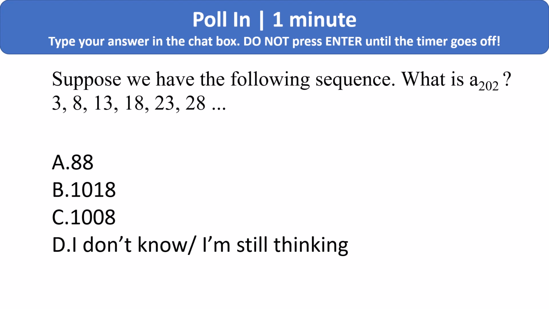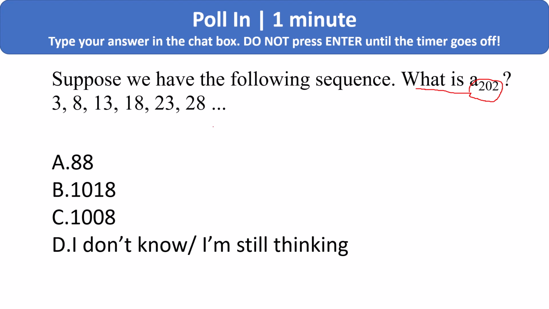All right, suppose that we have the following sequence. We want to know the 202nd term. Now, this is where the formula is going to really become clear how important it is, because it would take us too long and would be too tedious, too many places to make mistakes if we're writing out 202 terms. So that formula is going to be very important. All right, so the formula says A sub n.